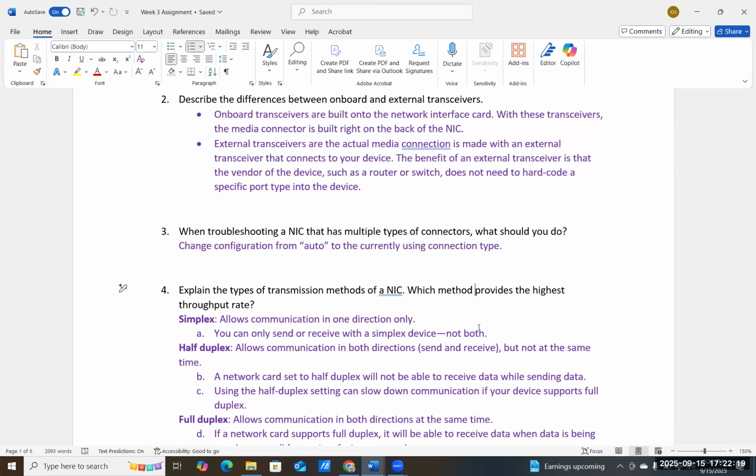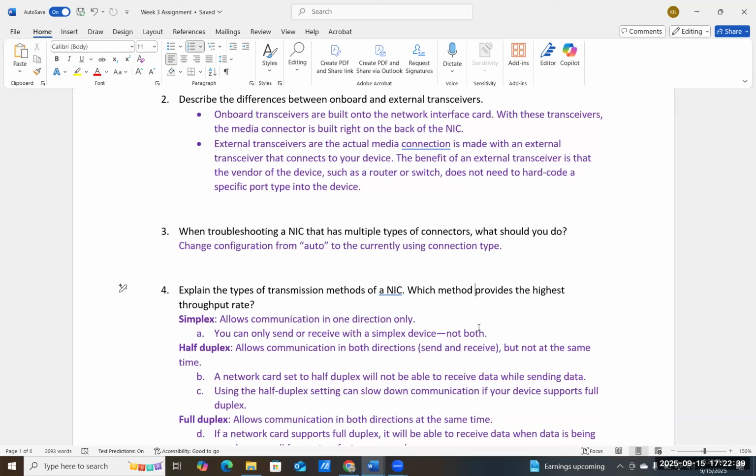Now, the second method would be half duplex. So it would allow both directions, but it can only do one at a time. So the system can either send or receive. It won't do both at the same time.